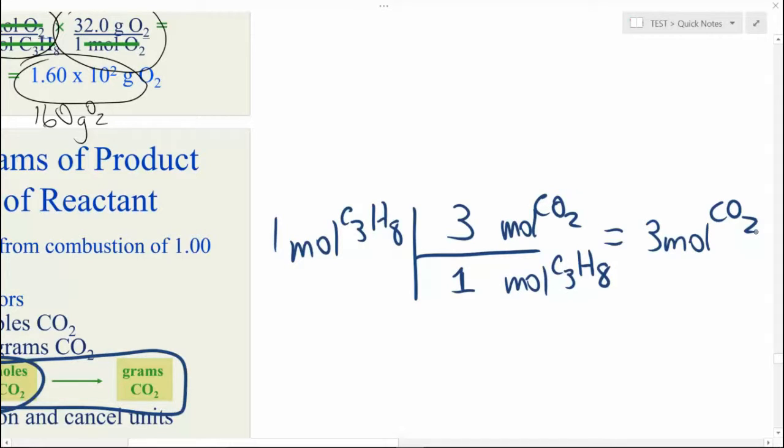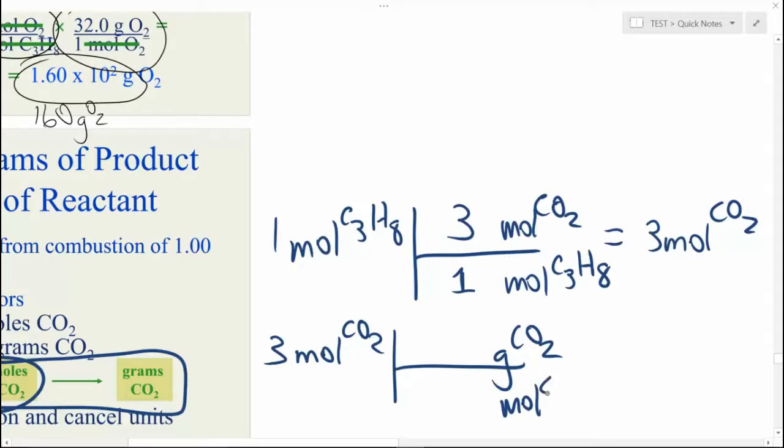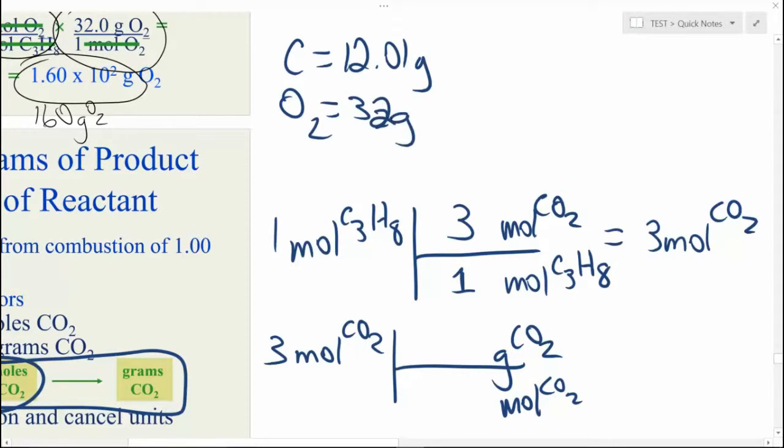Now, how many grams of carbon dioxide did we produce? Well, that's just a simple conversion of moles of CO2 to the grams of CO2. So carbon has a mass of 12.01 grams. O2 we know is 32 grams.